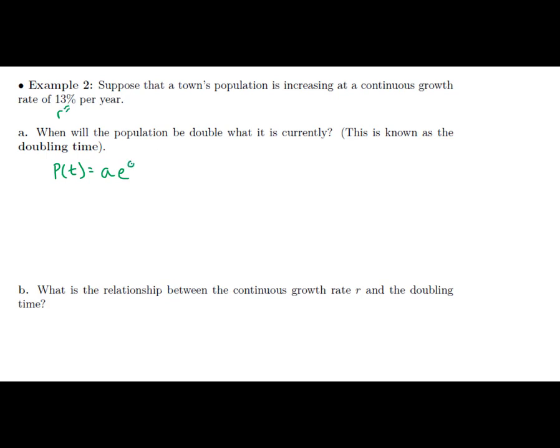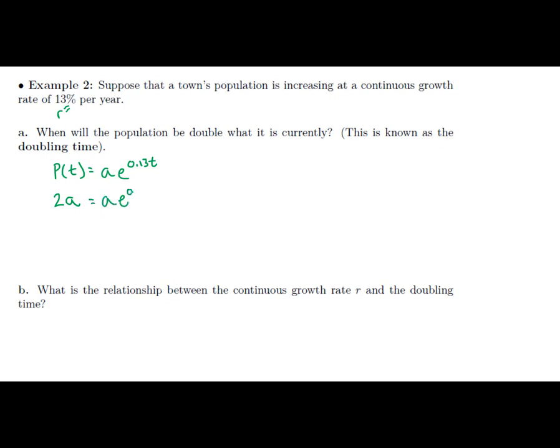So e to the 0.13 t, right? So if they give us the continuous growth rate, we know that is the r value that goes up here in the exponent of our base of e. So when will the population be double what it is currently? Well, when it is double our A value, our initial population value.